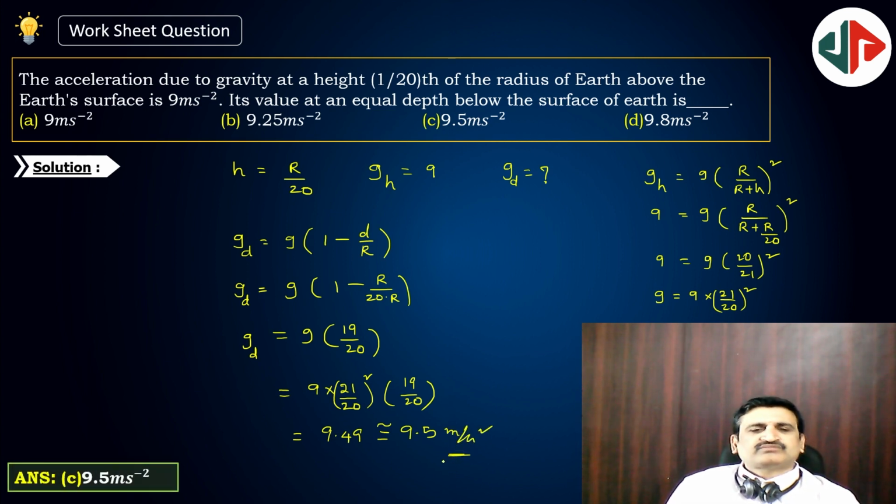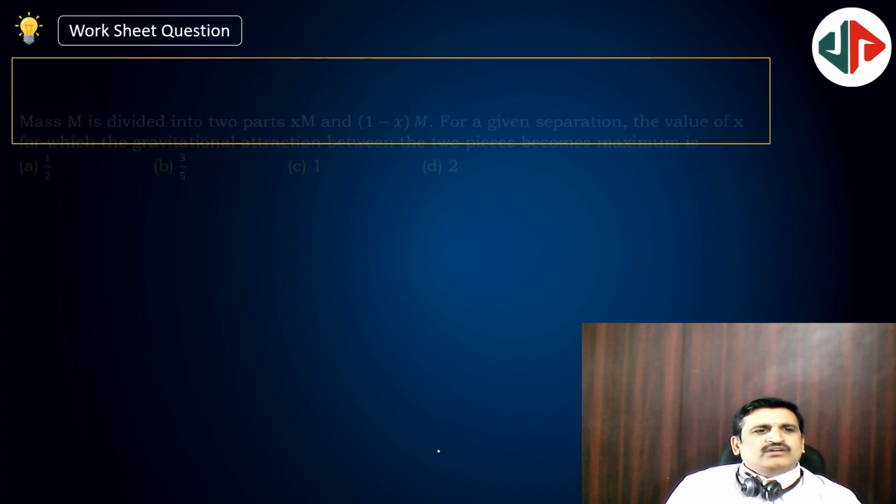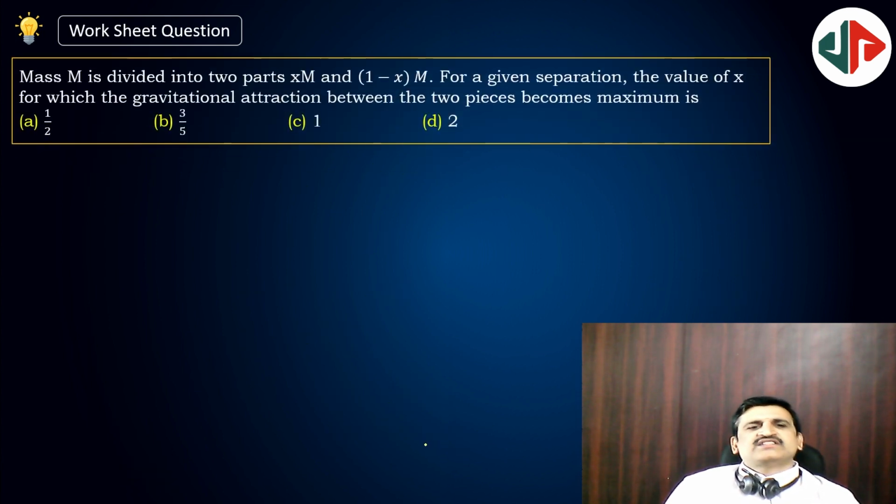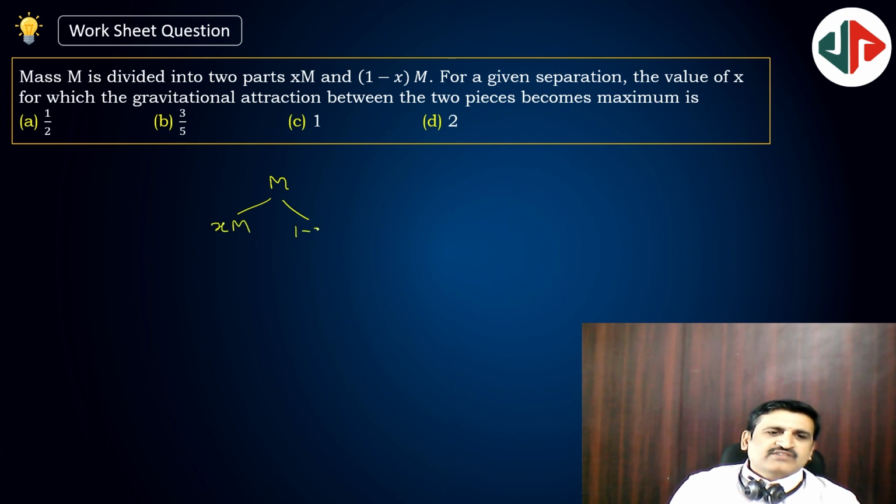Yeah. Next. Mass M is divided into two parts, xM and 1 minus x into M. One is x fraction of M, another is 1 minus x fraction of M. The value of x for which the gravitational attraction between the two pieces should be maximum.